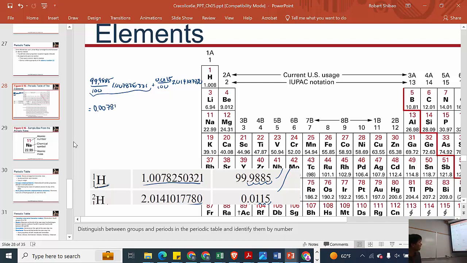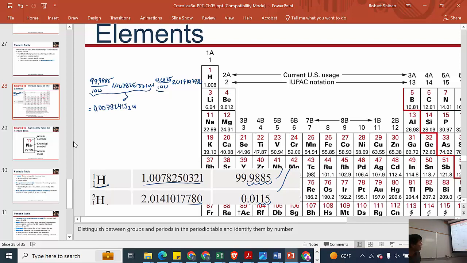How many sig figs is that? 3. And so I'll go 413. With 6 sig figs, I'm going to carry one extra digit to minimize rounding error. The units here are U, atomic mass units. So this is the first number.